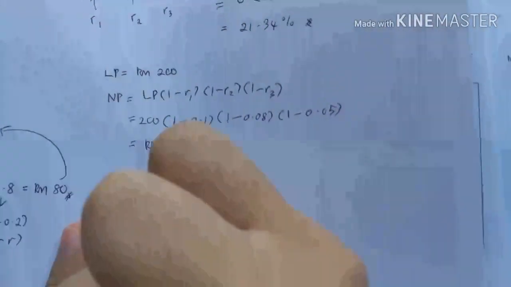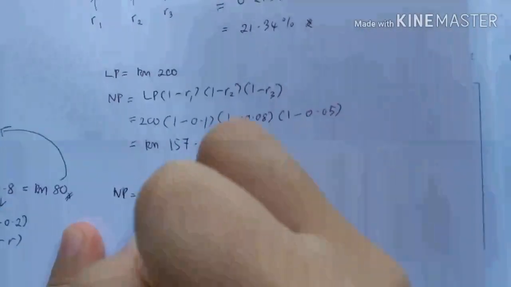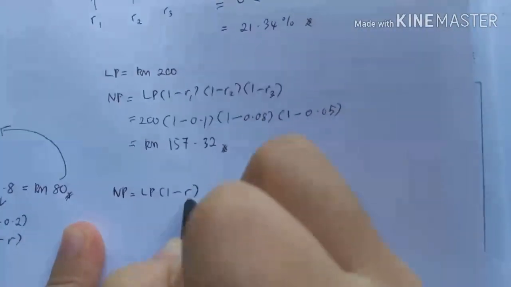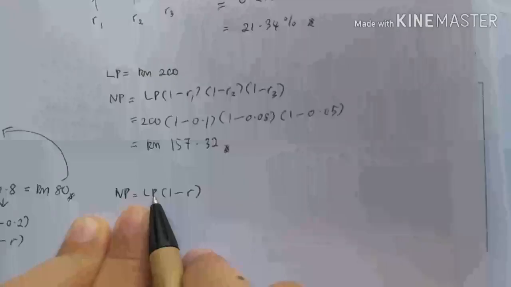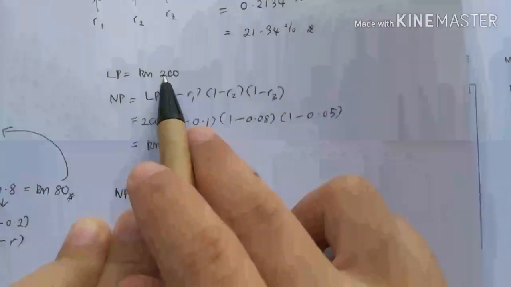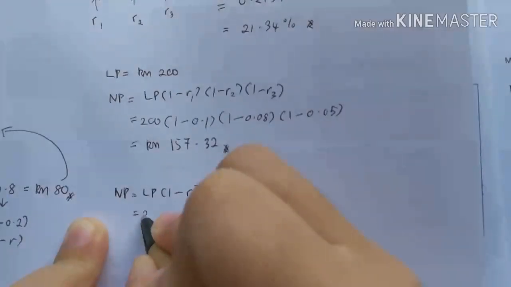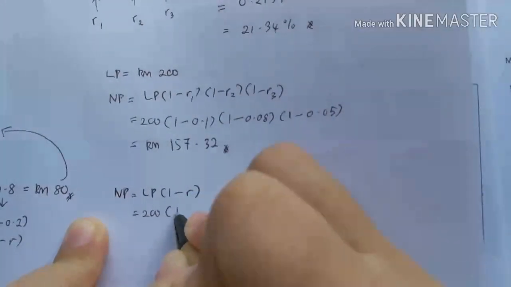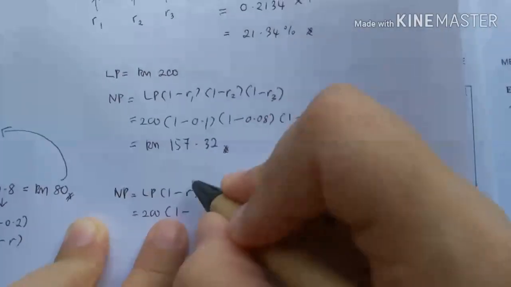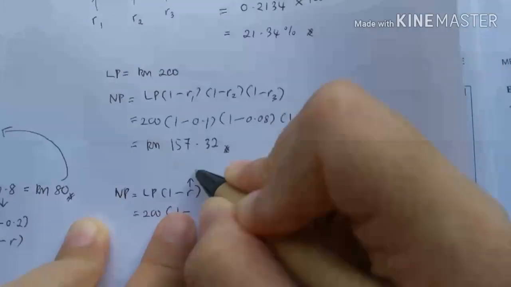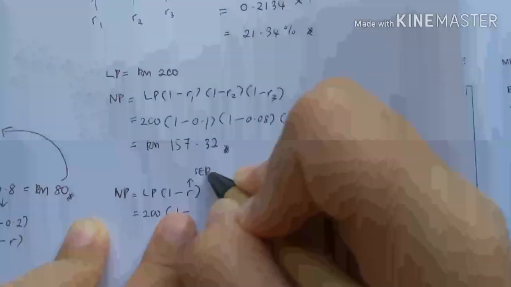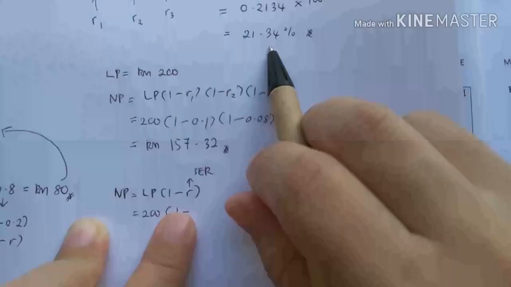So NP equals LP times 1 minus R. Now, assume that the original price now is 200 ringgit as well. 200 ringgit. 1 minus R here. R here, in this case, we are going to use the single equivalent rate, which is 21.34%.